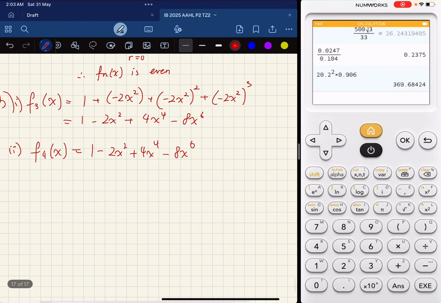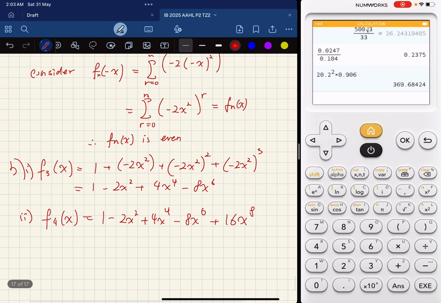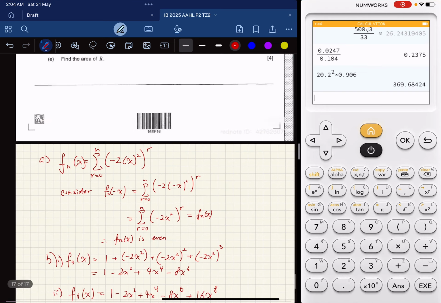So times 2, that will become 16, and then x power 8, I think. Okay, just put 4 on the top. Okay, so put 4, yeah, should be this one. So it's like alternating, and then the power of x adds 2 every time, and the number becomes times 2 at the front. So C. Okay, so pretty easy, first one.